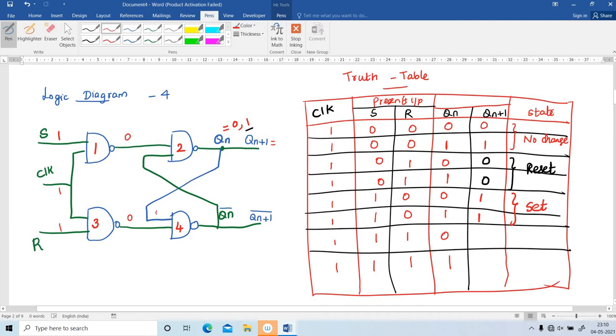Here 0 into 0 is 1. 1 into 0 is 1. And next, I am going to check the next condition. Next condition is 1. So 1 into 0 is 1. 1 into 0 also 1.